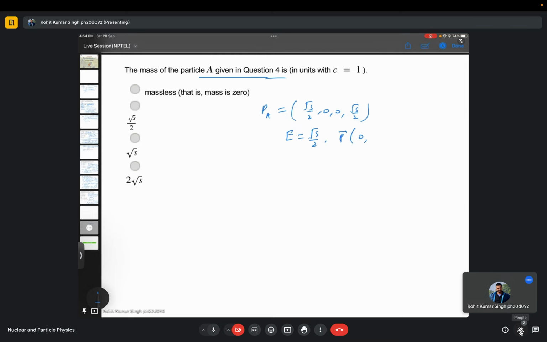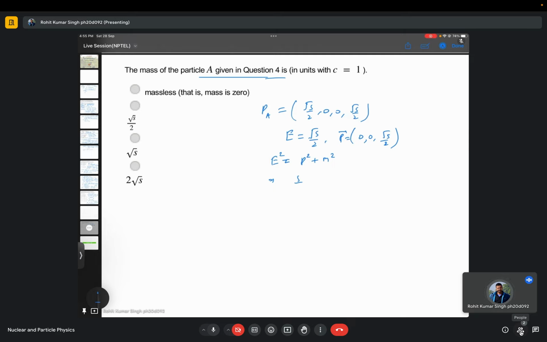Basically you can take this to be Pz, and we know from the Einstein relation that E square is equal to P square plus M square, right?